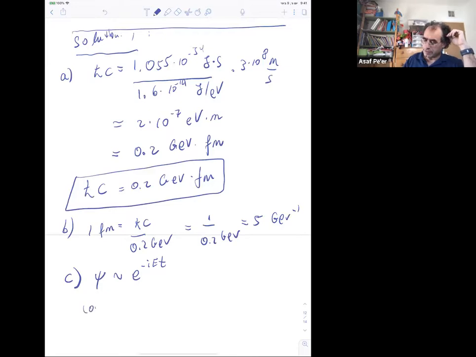In ordinary units, psi goes as e to the minus iEt over H bar.